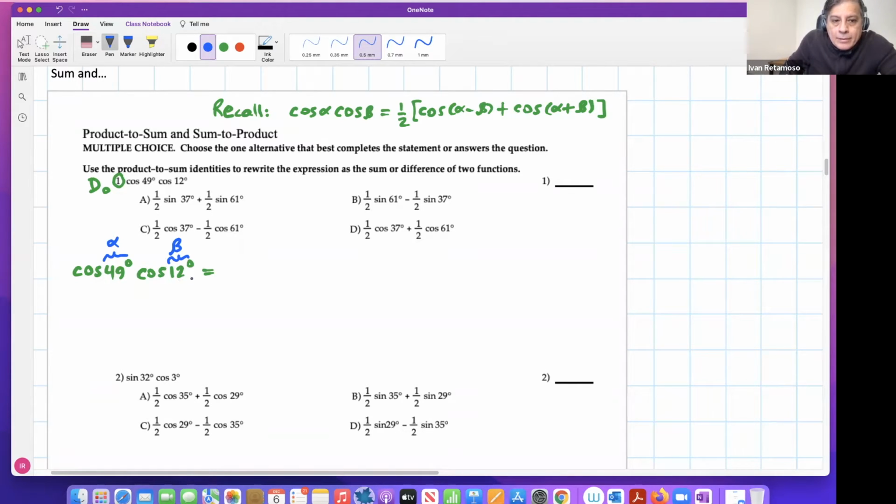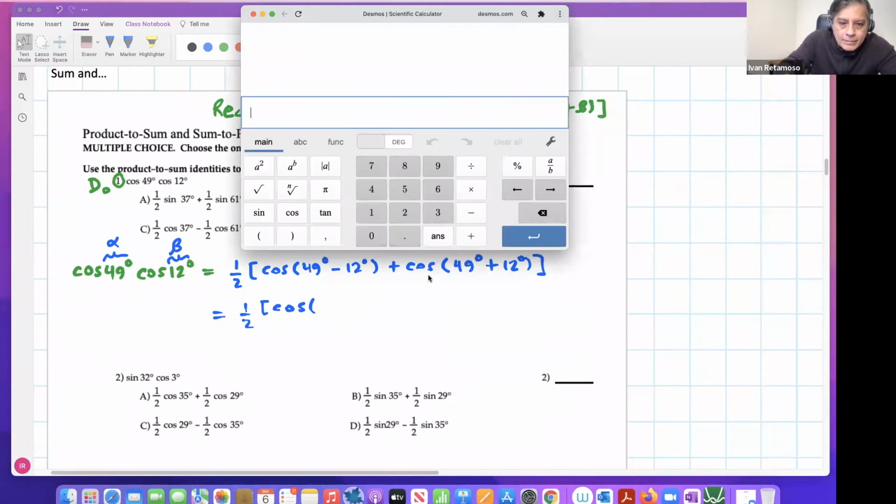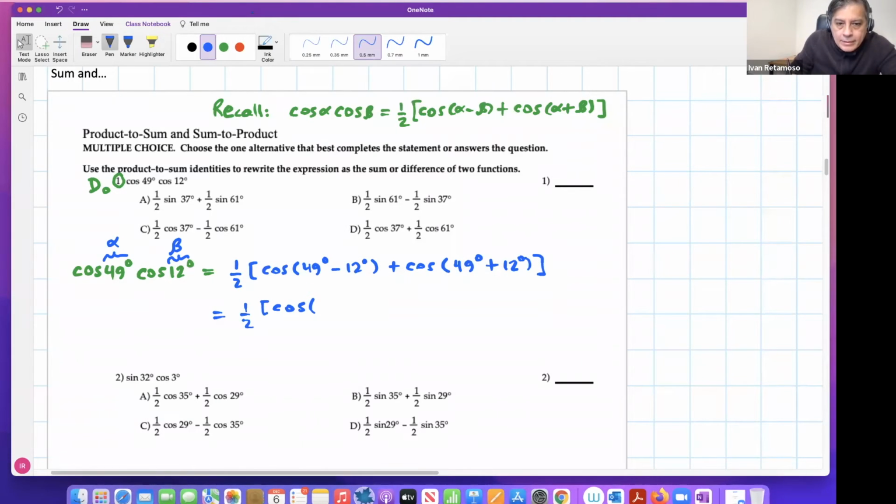Cosine of 49 degrees times cosine of 12 degrees, following the formula, should be equal to 1/2 of cosine of 49 degrees minus 12 degrees plus cosine of 49 degrees plus 12 degrees, right? But what is this? This will be 1/2 of cosine of 49 degrees minus 12 degrees. Take our calculator. 37 degrees here.